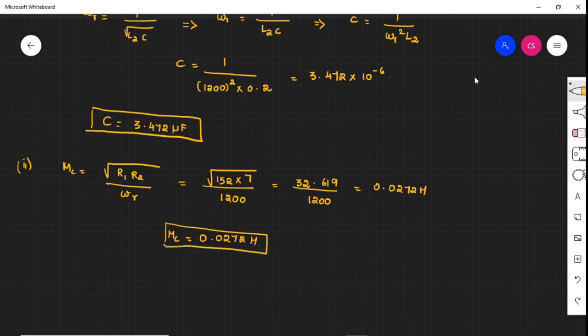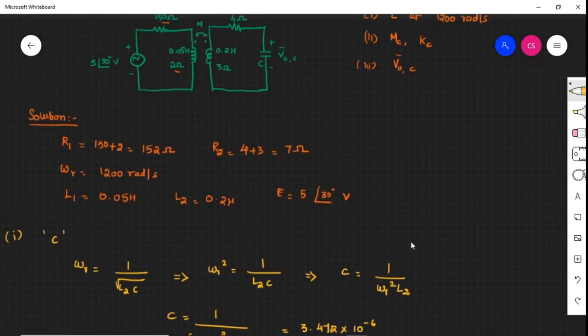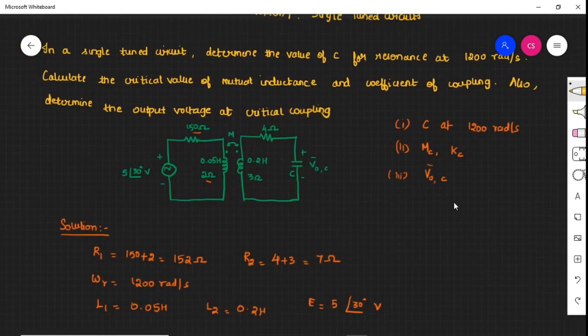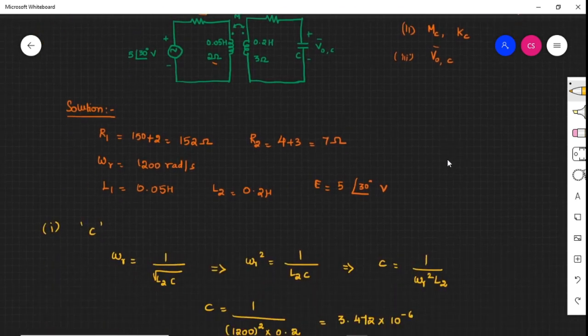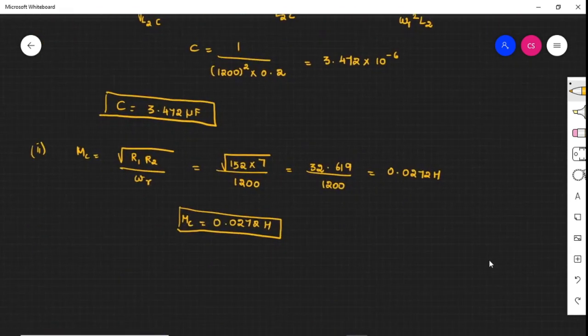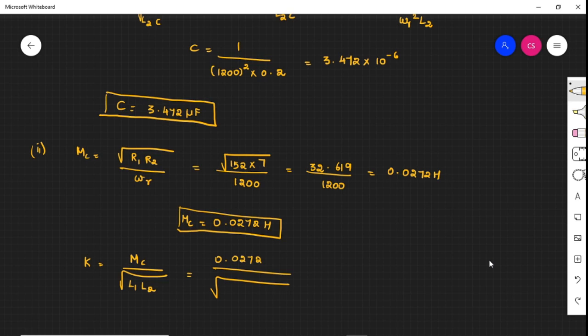Now what is the next part of the question? So this is your critical value of mutual inductance. Next we need to find the coefficient of coupling, which is K. K is given by Mc divided by root of L1 into L2. Mc we have found in the previous step, so this will be 0.0272 divided by root of L1, which is 0.05, and L2, which is 0.2.